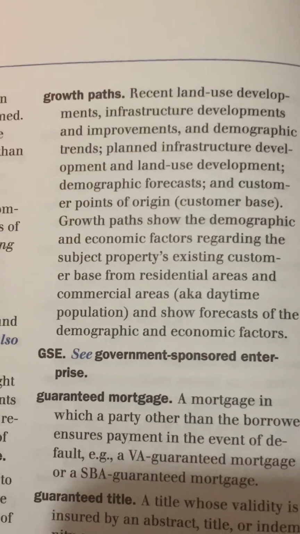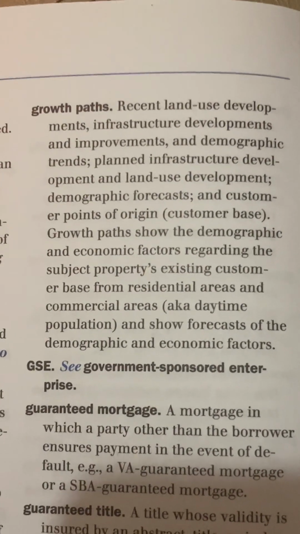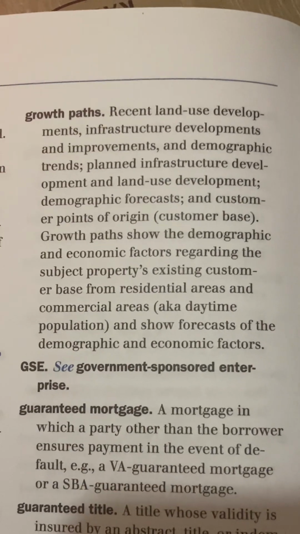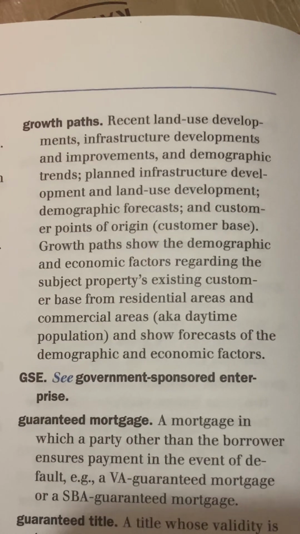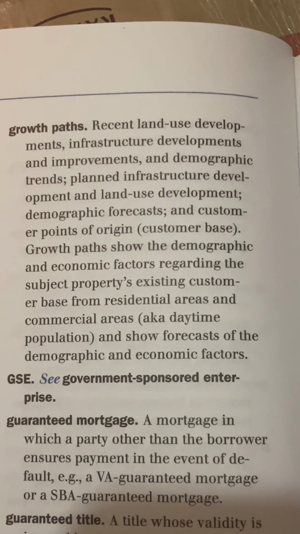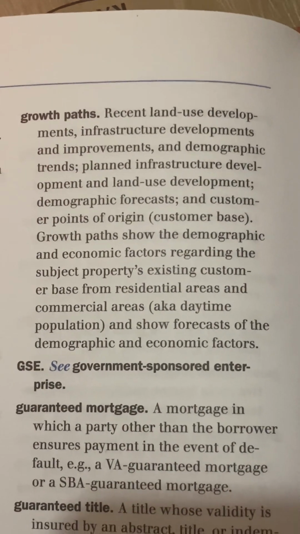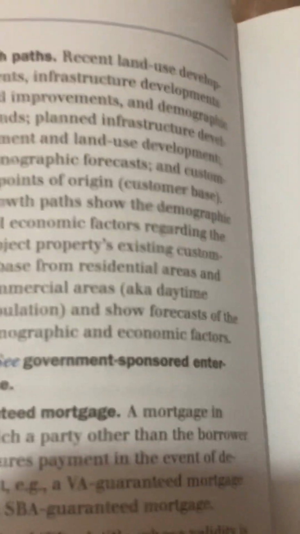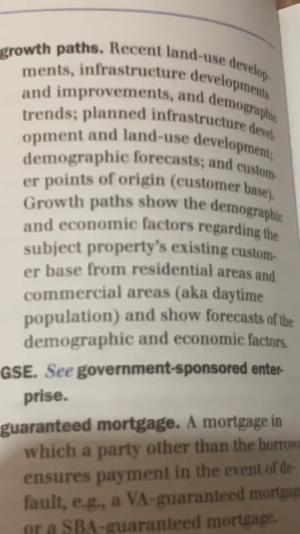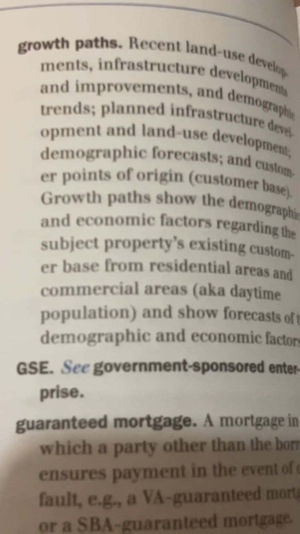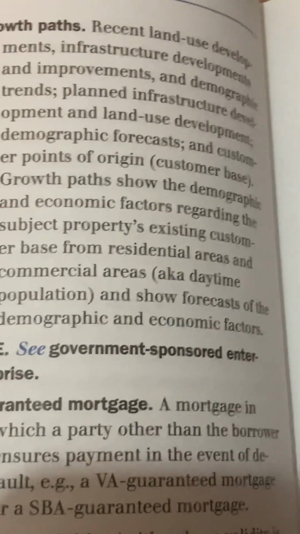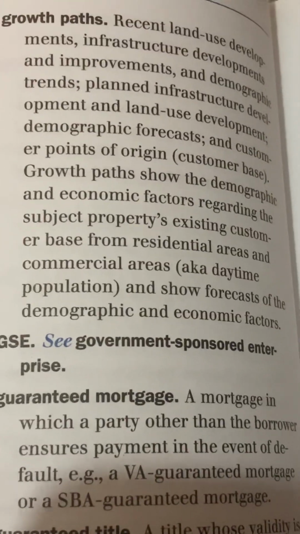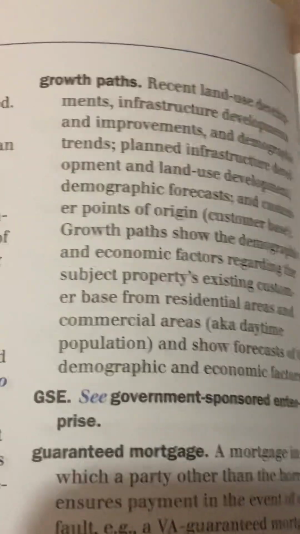Growth paths. Recent land use developments, infrastructure developments and improvements, and demographic trends. Planned infrastructure development and land use development, demographic forecasts, and customer points of origin, which means customer base.